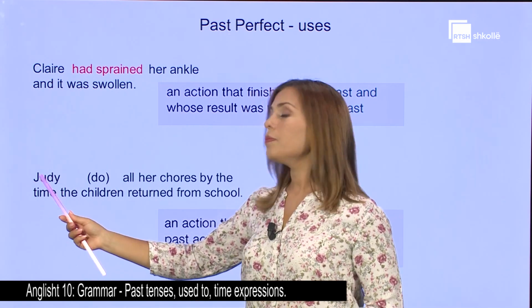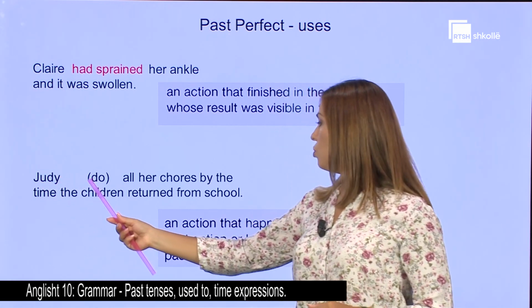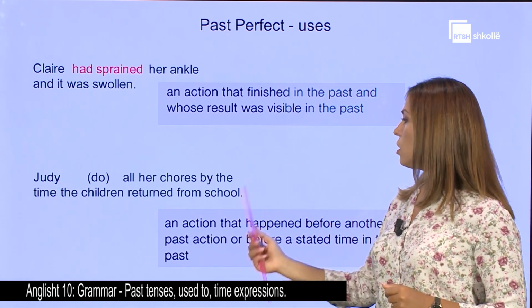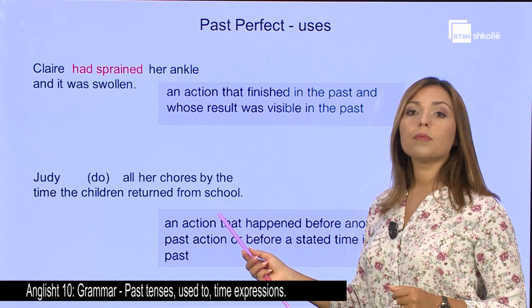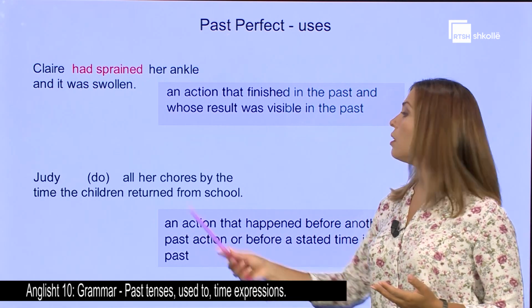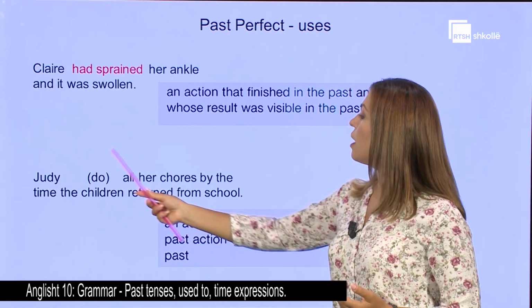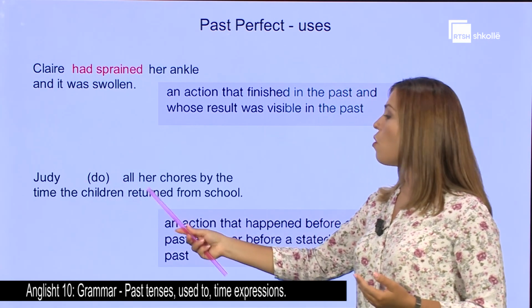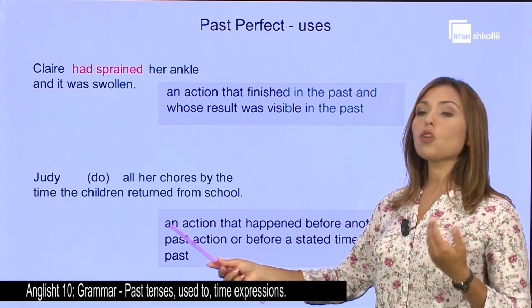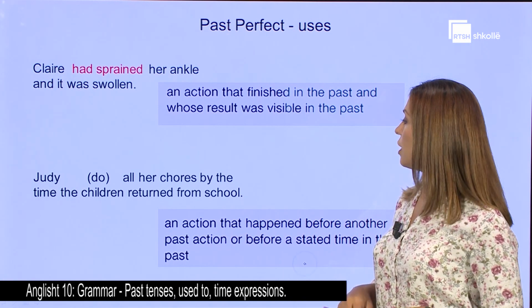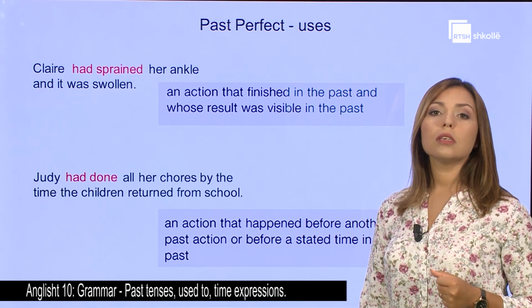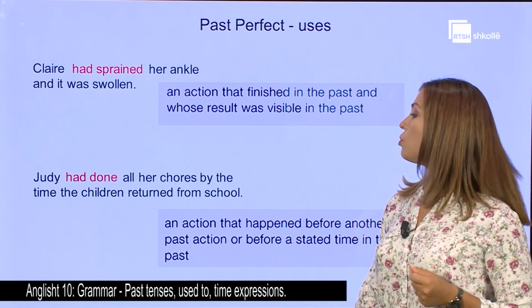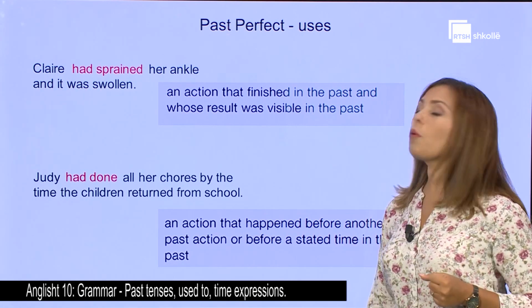Another use. Judy, the verb is do, all her chores by the time the children returned from school. So we have something that she had done before something else. So first, Judy had done all the chores, and then the children returned from school.